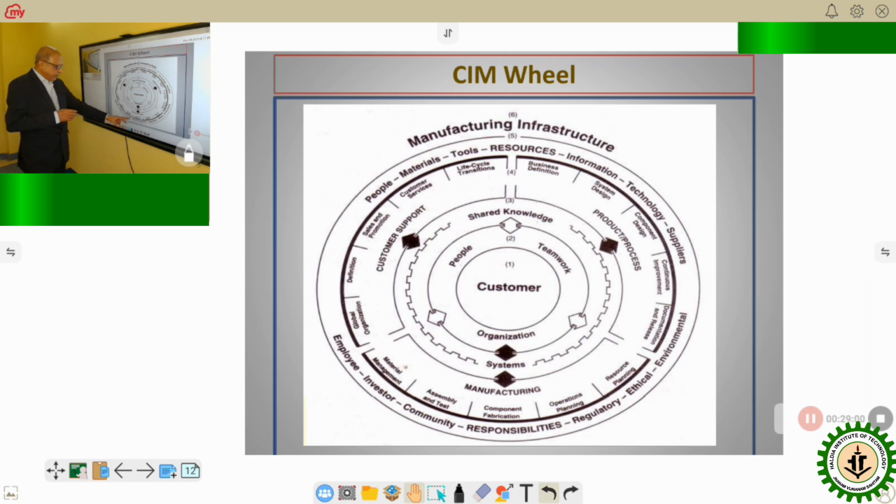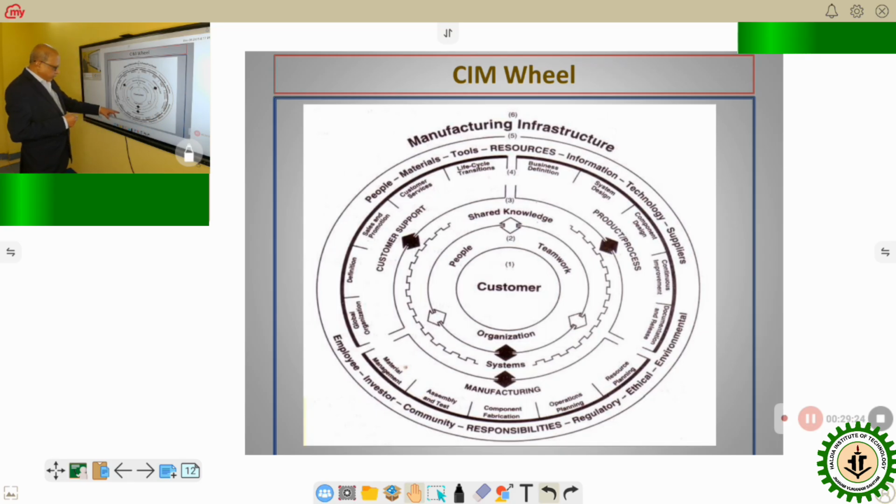And on the other side, what are the responsibilities? Here, quite often we lack in understanding that CIM is not only about the technologies, but it has a very crucial responsibility toward the society, toward the prevailing rules and regulations, toward the different laws, and of course, its responsibility toward environmental protection and ethical aspects.